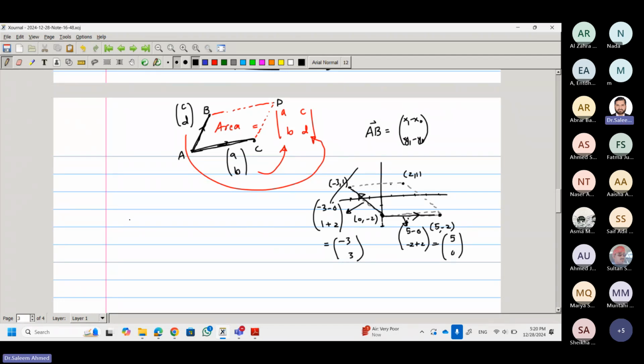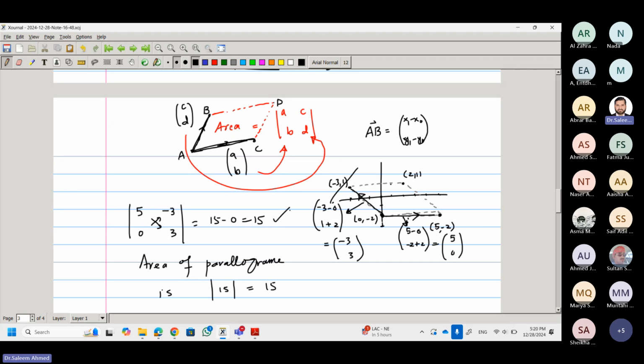Okay, so I will find the determinant of these 2 vectors now. First vector in first column, second vector in second column. So if you find the determinant, it's 15 minus 0. So that is 15. So that is my area. So area of parallelogram that is given to me is absolute value of the determinant, but it is already positive, so I can just pick it.